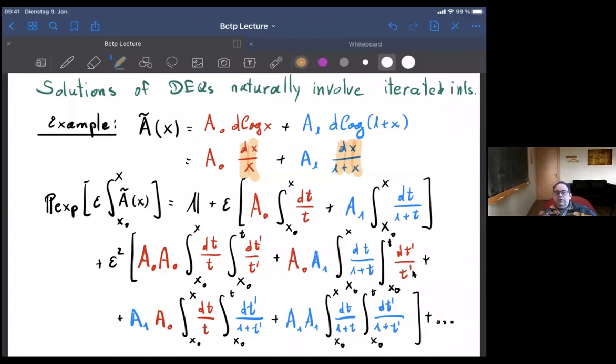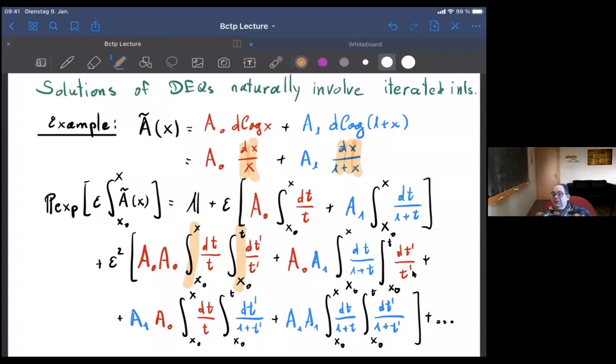And you also see here from the way the calculation was organized that naturally in the epsilon expansion, what you get are iterated integrals. So that's just the natural thing that you must get, okay? So you have, for example, here integrate from x0 to x and from x0 to t, and at second order in epsilon, and so on and so forth.